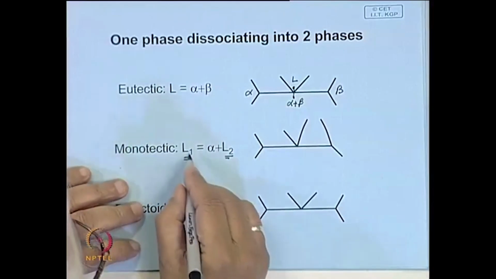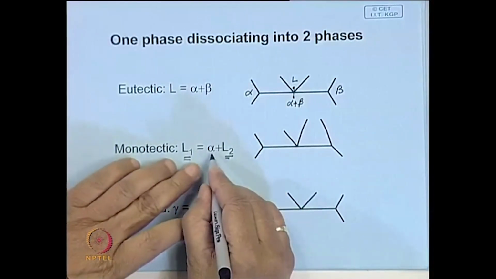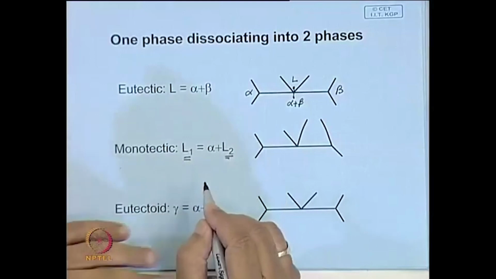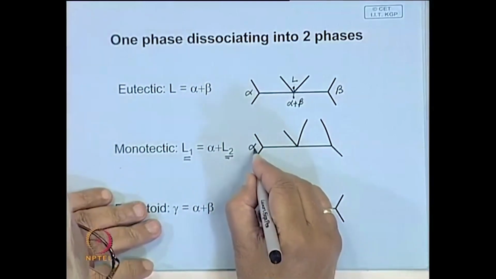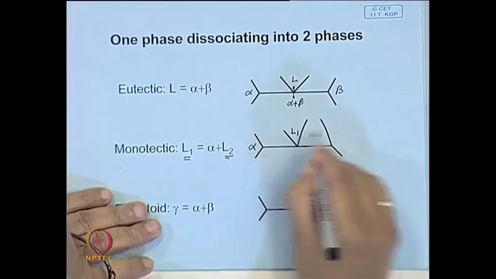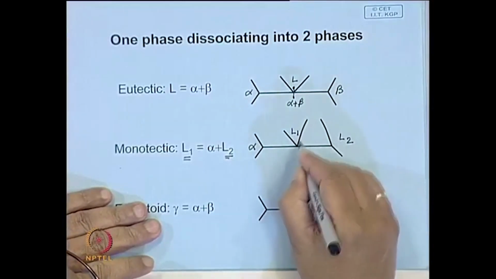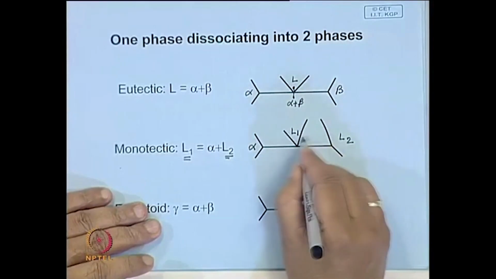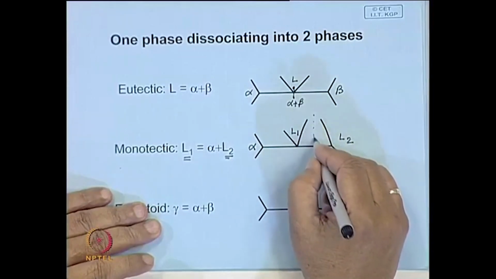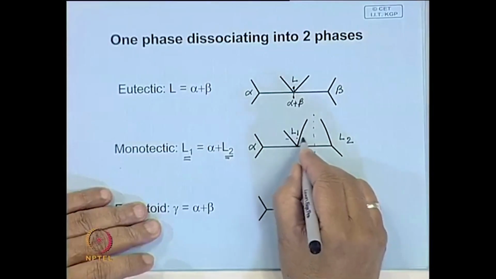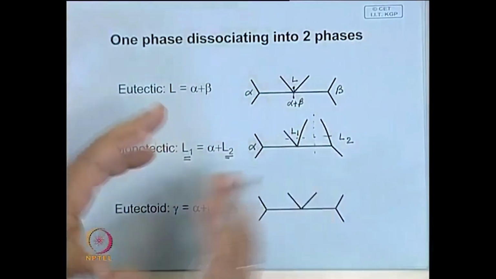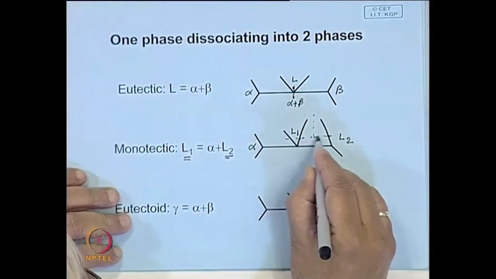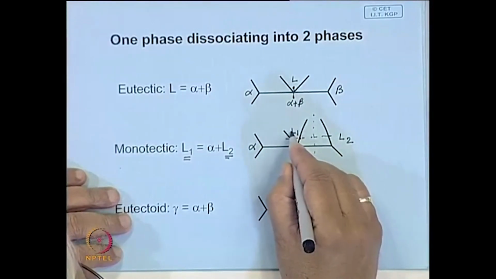And if we have a reaction, say one liquid L1 dissociates into a solid and another different liquid, it is shown over here. Here this is alpha, this is L1, and this side it is liquid L2, and this is the miscibility gap. That means if the liquid has this composition at this temperature, they are not totally miscible, they will dissociate into two liquids L1 and L2.